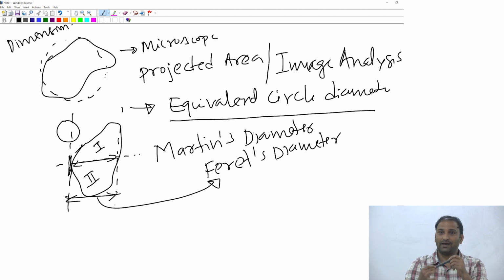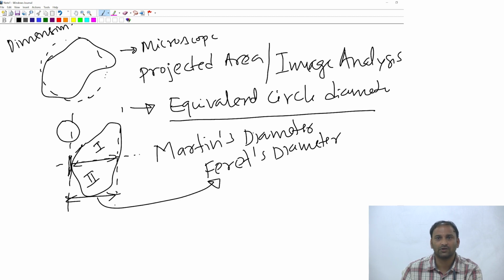So maybe the best description would be to draw lines at different orientations, get a dimension for every orientation, that is, the diameter that bisects the area into two equal halves, and take an average of that. I think that would be the best representation of a Martin diameter.